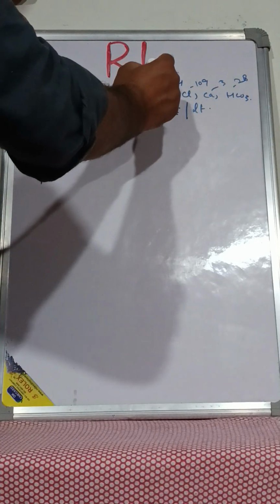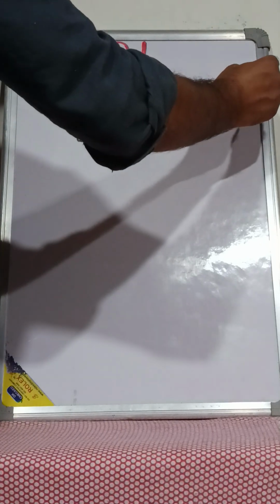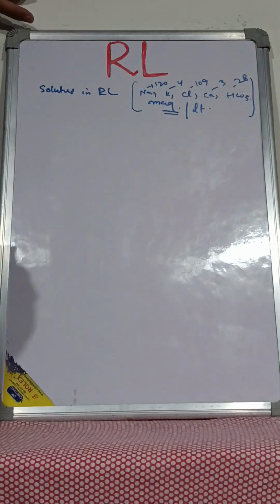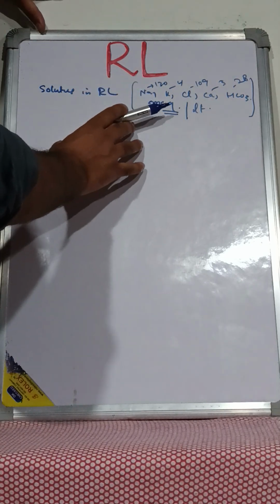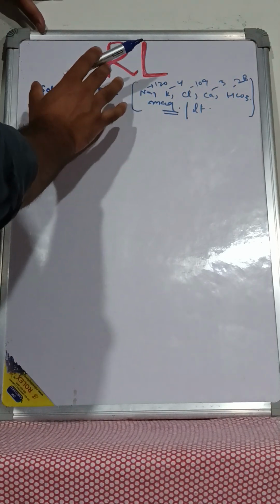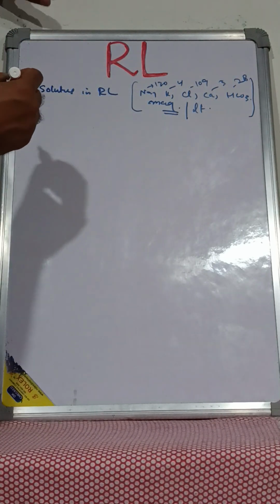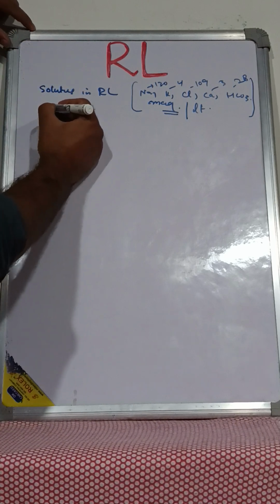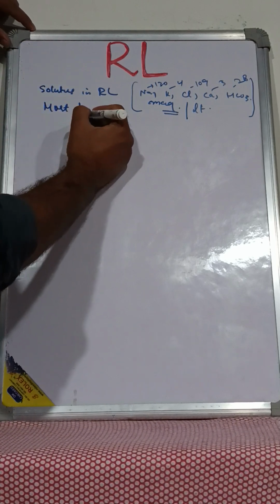And this concentration is almost the same as the concentration of solutes in the plasma. That is, its osmolarity is almost similar to that of plasma. So that is why it is considered the most physiological solution.